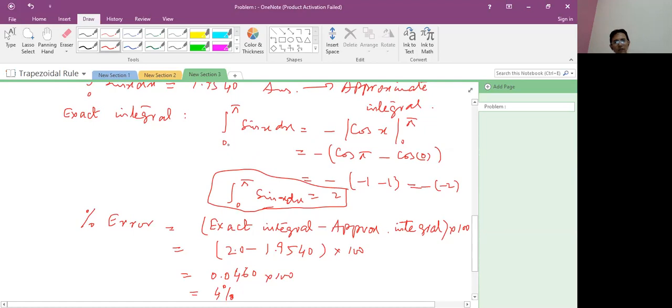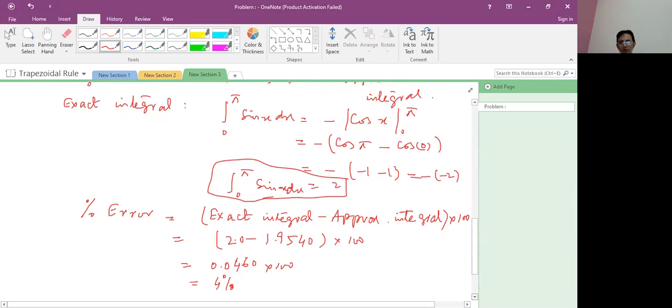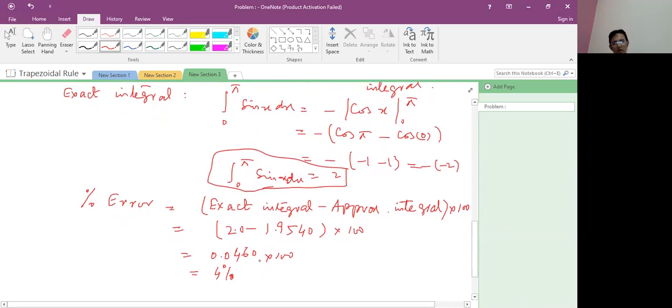If you subtract the approximate integral value from the exact integral and multiply by 100, we will find the percentage error. That means the trapezoidal rule gives a good result, with minimum error.